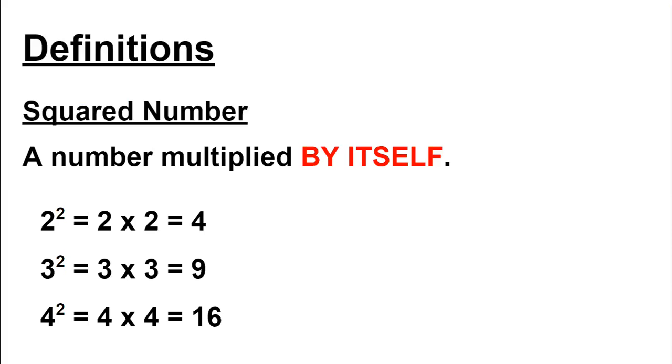Never, never, never multiply the 3 times the little 2, because that would give you an incorrect answer of 6. A lot of students make that error. Remember that it's the base number multiplied by itself. So 4 squared is really the same as 4 times 4, which is equal to 16.